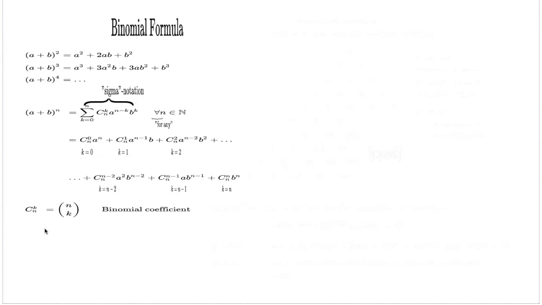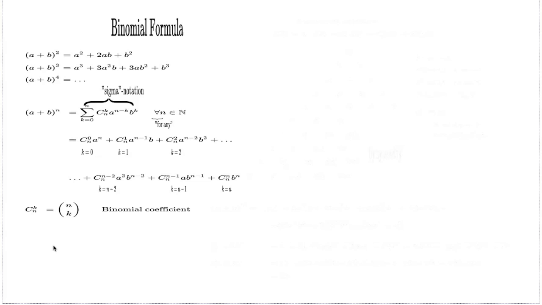Now, the real question about the binomial formula, of course, is how to compute these binomial coefficients C. There are a few ways to compute them. The simplest, you might think, is a direct one. It's the direct formula, which gives you the value of the binomial coefficient based on the values of n and k.